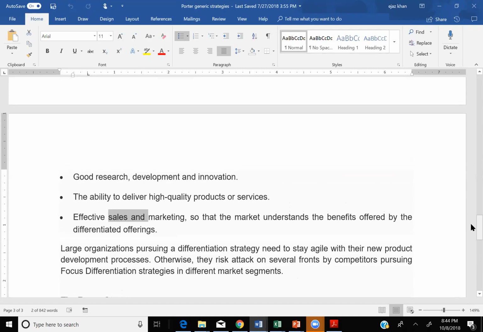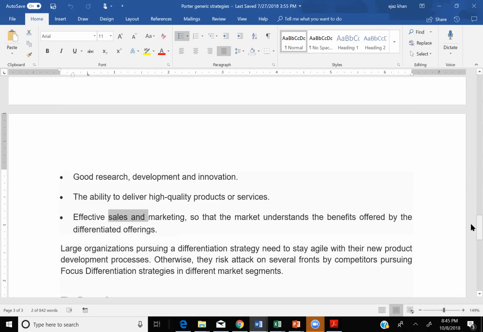That was the generic strategies that any organization might pursue in order to be successful in the market. And it's very, very important for every organization to first identify its core way of competing in the market.